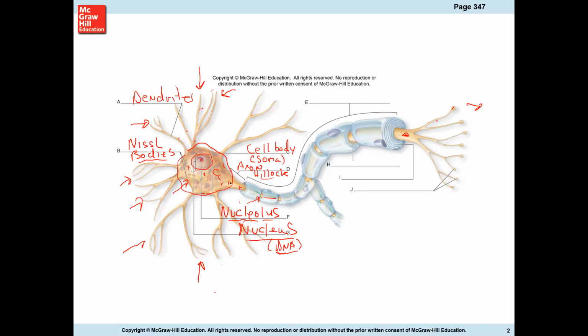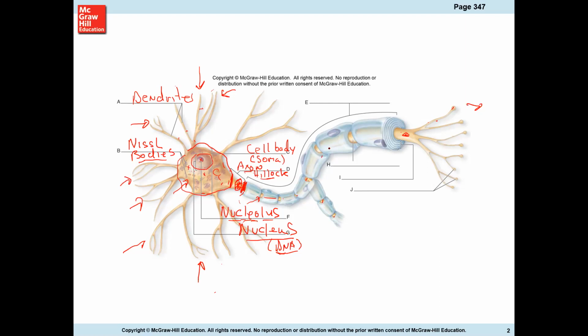So you have an axon hillock, then you have an initial segment of the axon. And in here is where all those graded potentials are going to be summated. So I like to call this the trigger zone, between the axon hillock and the initial segment of the axon.